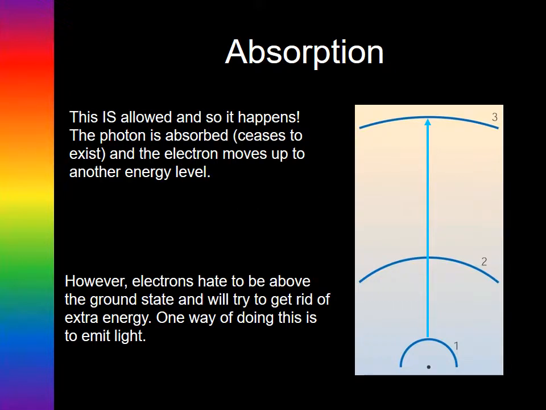If it's allowed, it must happen. The photon is absorbed, and therefore the photon also ceases to exist. The energy is given to the electron, which jumps up energy levels, and then the electron is unhappy. Electrons hate to be above the ground state and will do anything they possibly can to get rid of energy. One way of getting rid of energy is simply to emit it.